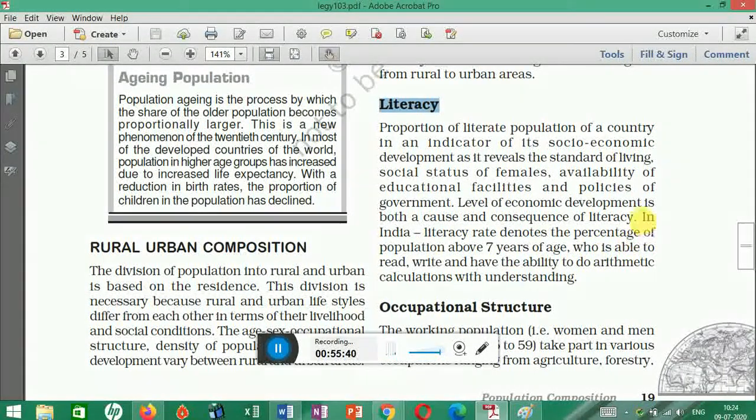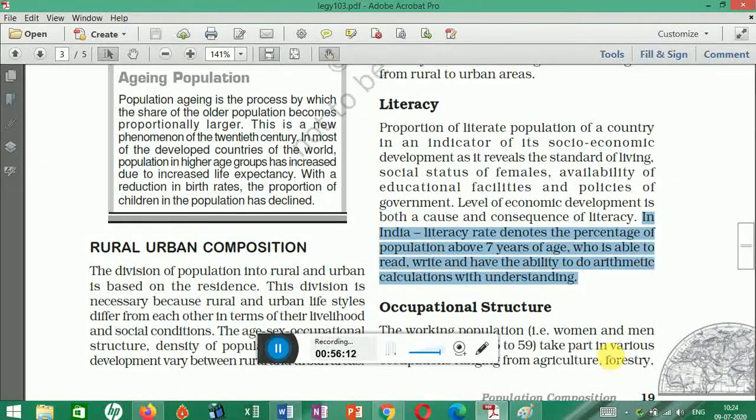See, in India, literacy rate denotes the percentage of population above 7 years of age who is able to read, write and have the ability to do arithmetic calculation with understanding. Any child attaining the age of 7 and who can read and write and do arithmetic calculation with understanding is called a literate person.